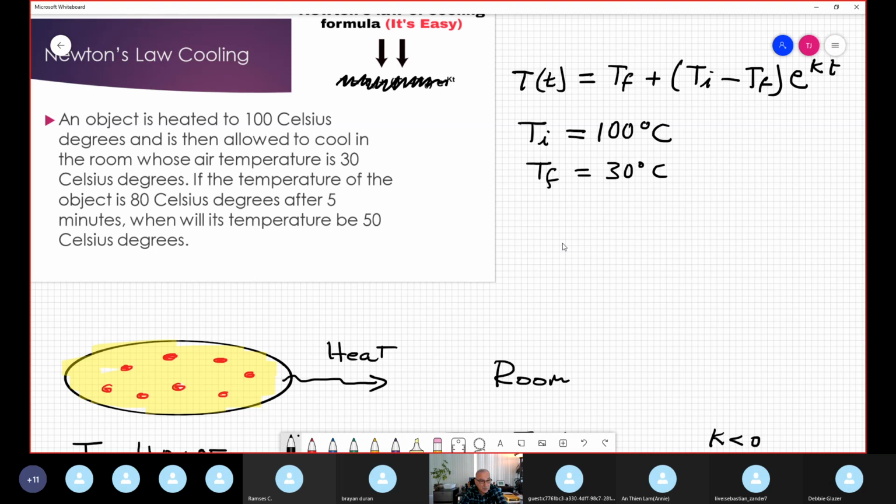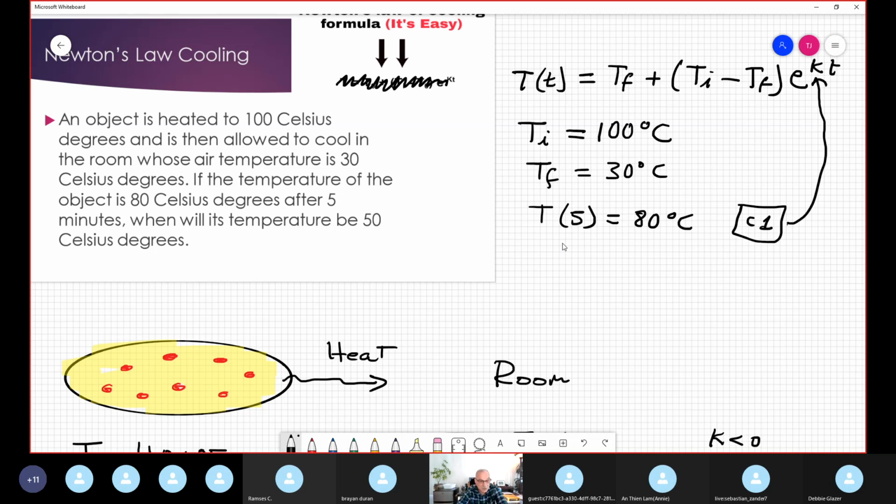If the temperature of the object is 80 Celsius degrees after 5 minutes, this is like condition 1. So temperature at 5 minutes, remember little t is time, capital T is temperature, is 80. This is condition 1. Okay, help me to find the k value.